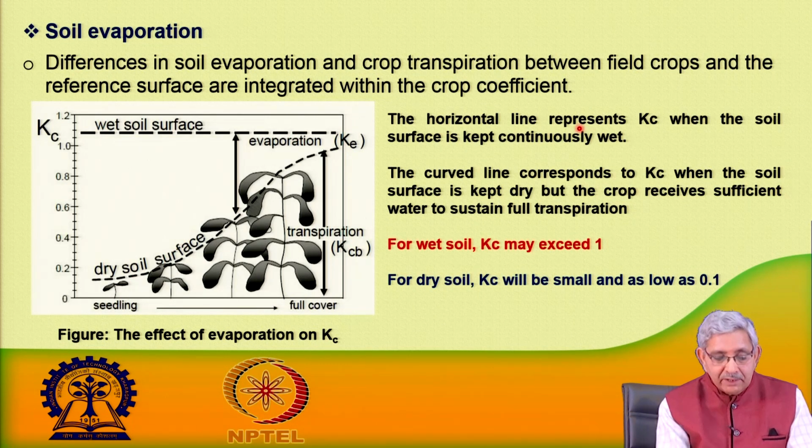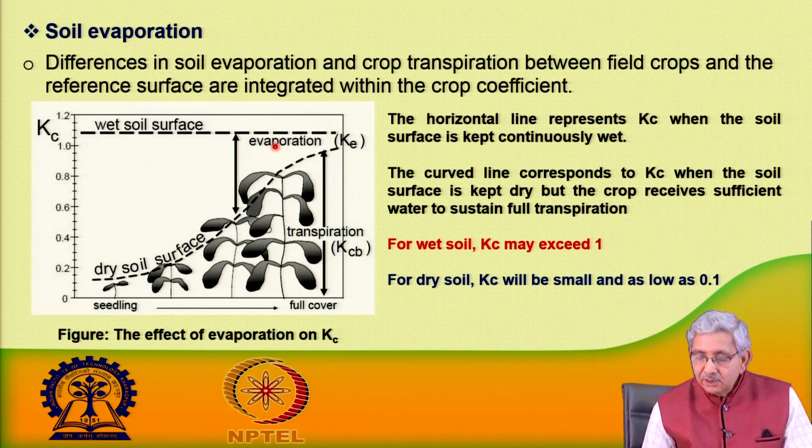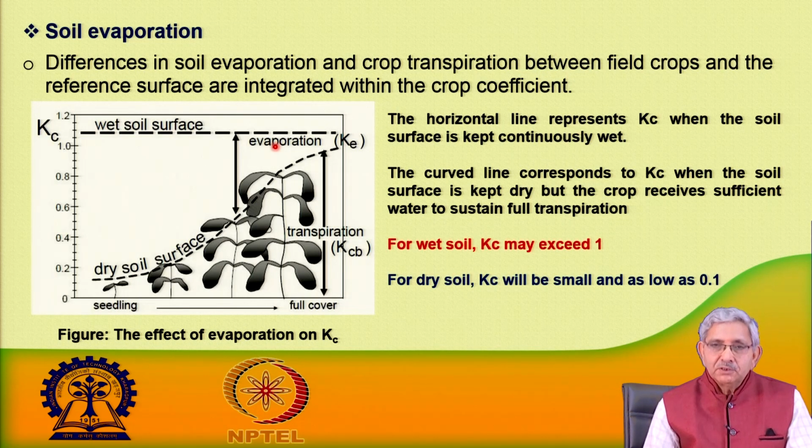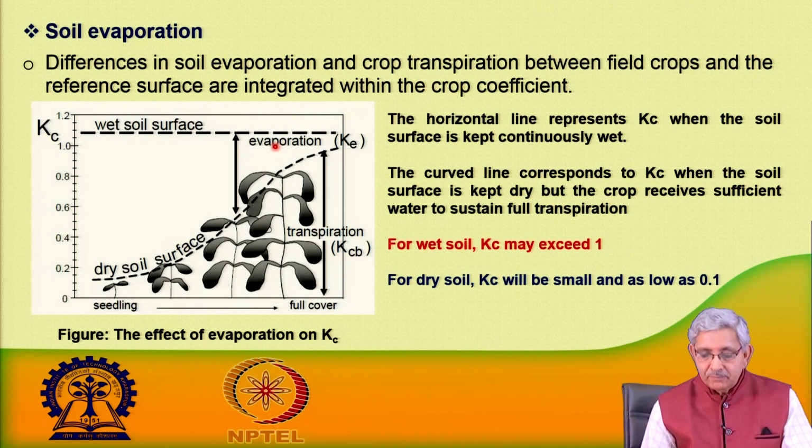So, the horizontal line here represents the Kc value when the soil surface is kept continuously wet, or irrigation is maintained all throughout.